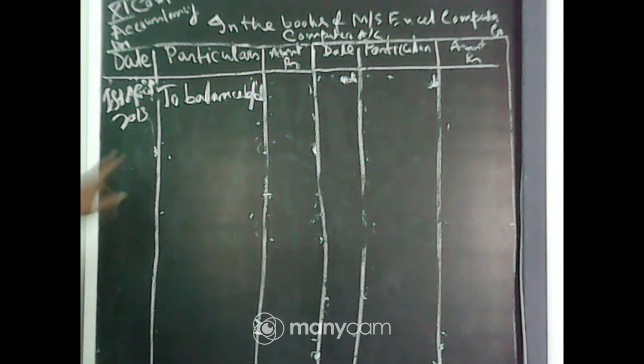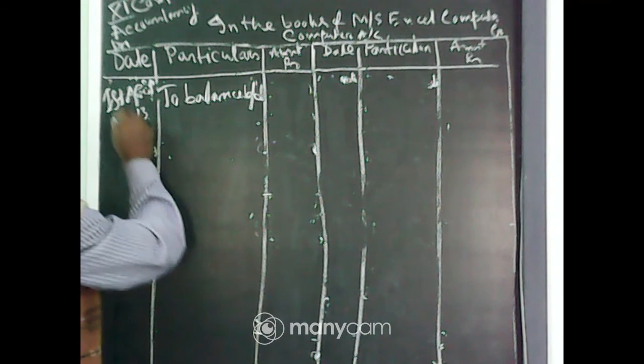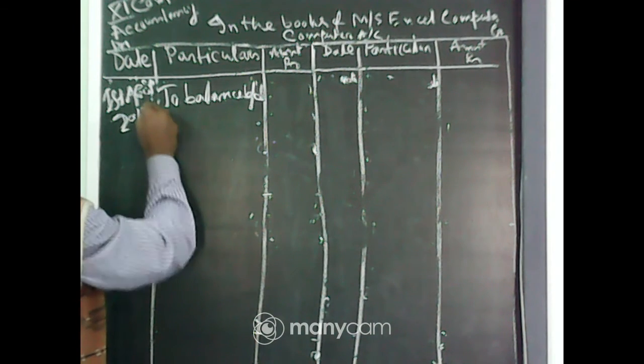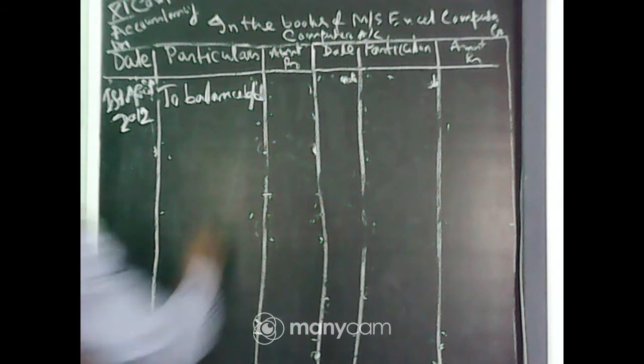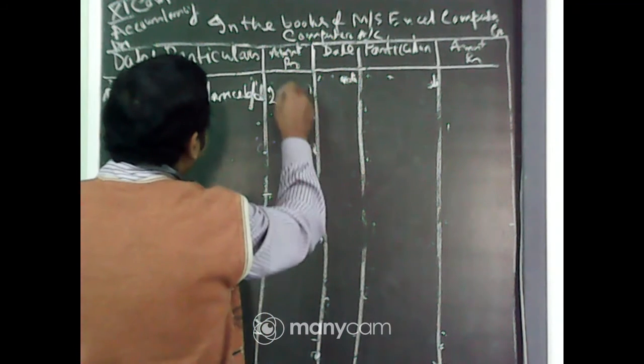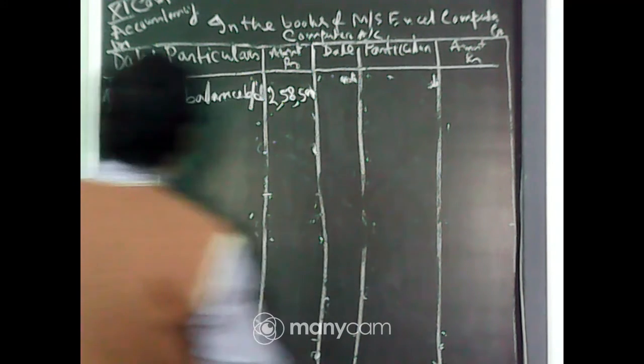Sorry, that is 1st April 2012-13. Okay, 1st April 2012, to balance BD will be 2,58,500, 2,58,500.